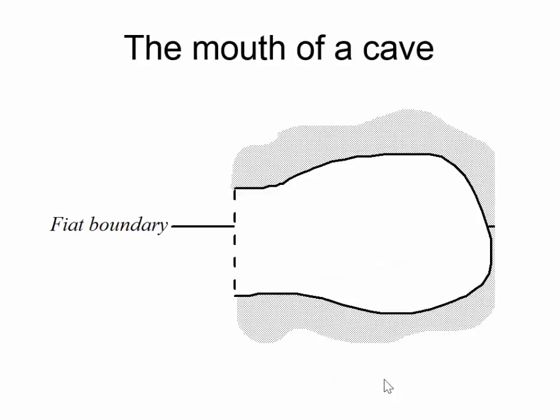So an example could be the mouth of an organism, but if it's the mouth of a cave, then there is a Fiat boundary separating the cave from the exterior of the cave, and there is a physical boundary separating the cave from the rock on either side. Now, we don't care about the physical boundary. We treat all of these boundaries as Fiat boundaries just for convenience's sake.